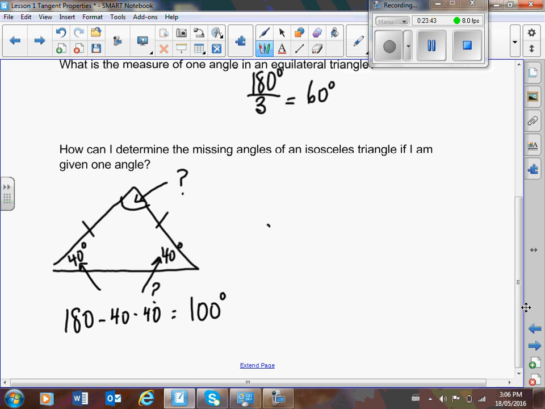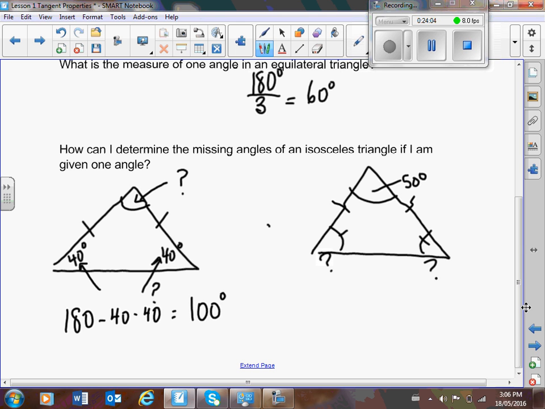That's one. This is the harder one. This angle up here is 50 degrees. This is an isosceles triangle. We know then that those 2 angles are the same, but what are they? I have to actually do my subtraction first here. I've already used 50 degrees of my 180 degrees.